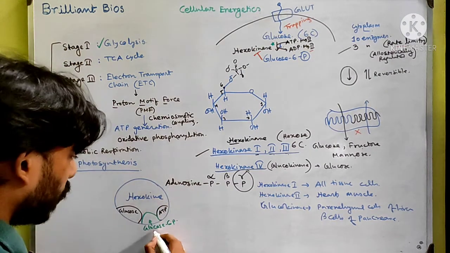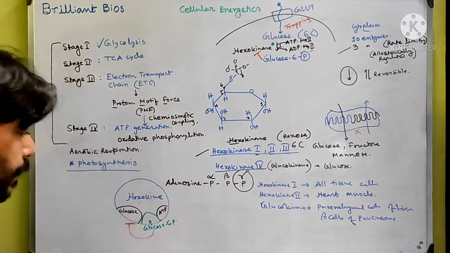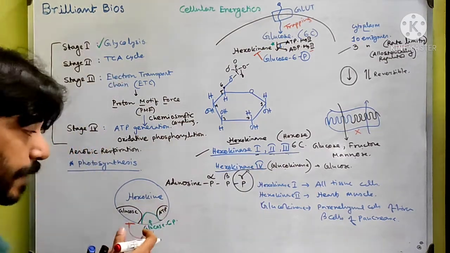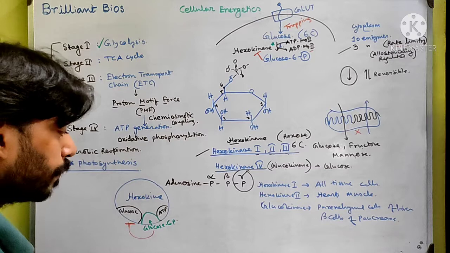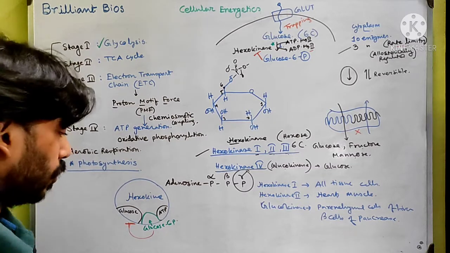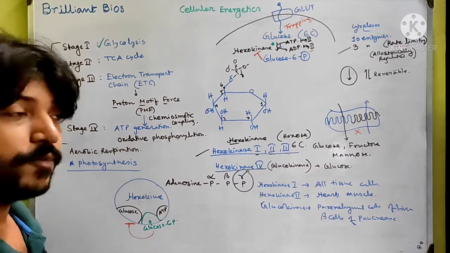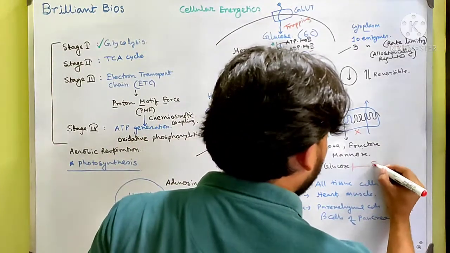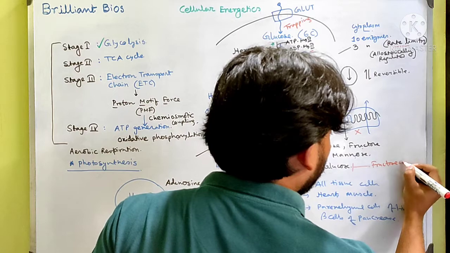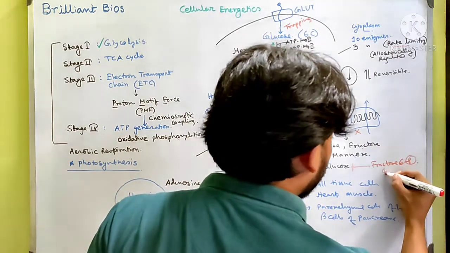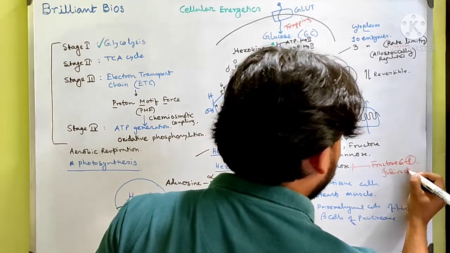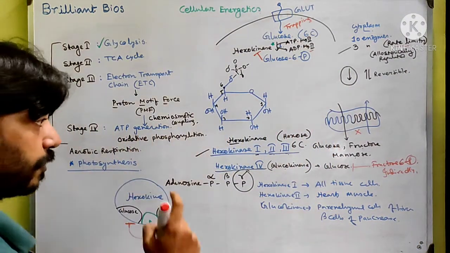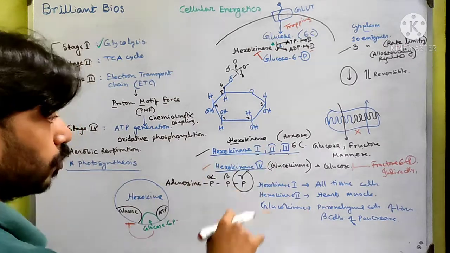Now as hexokinase 4 doesn't have this type of binding site, it is not inhibited by glucose 6-phosphate, but this glucokinase is inhibited by fructose 6-phosphate indirectly. You remember this, indirectly it can inhibit. So there is a difference. This is the first difference of these two things.